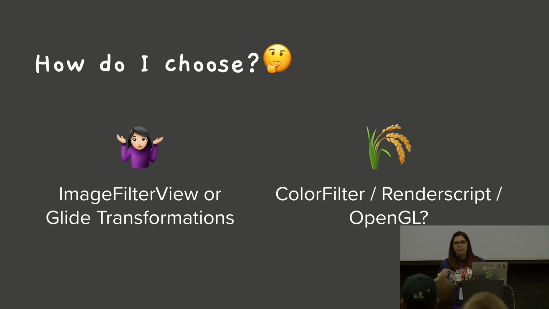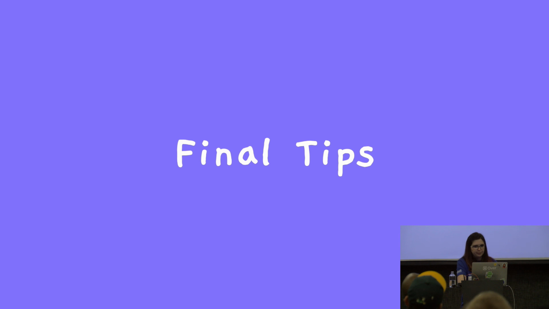If you want a more fine-grained approach to exactly knowing the pixel operations that you're doing on your image, then I would recommend looking at something like your color filters, RenderScript, or possibly even OpenGL, if you get that far. But that's how I would choose between the two.